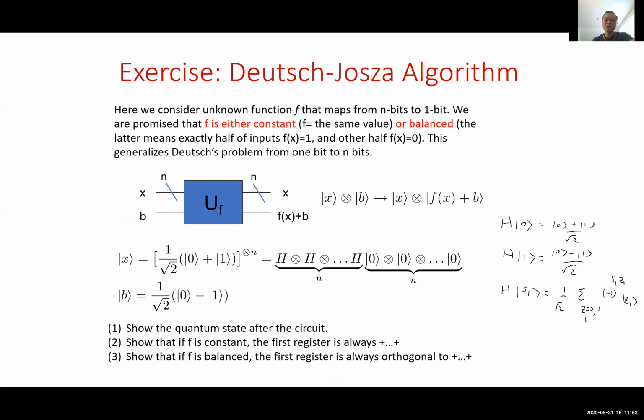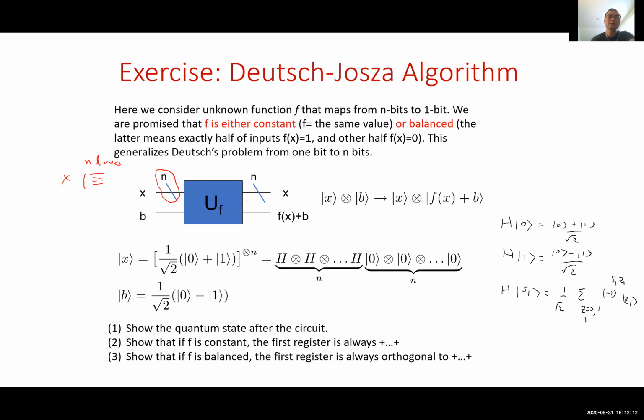Yeah. So you can actually generalize the Deutsch algorithm to n qubits. I'm just drawing with a slash n, basically to represent that there are n lines. There are n qubits, okay?